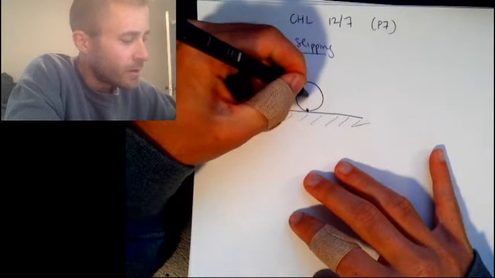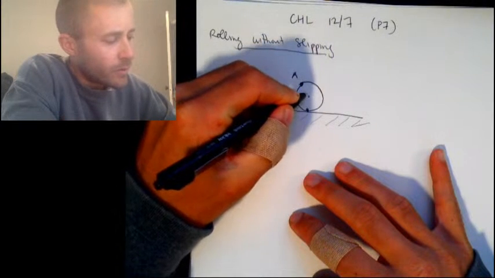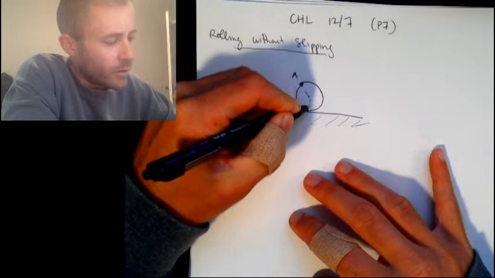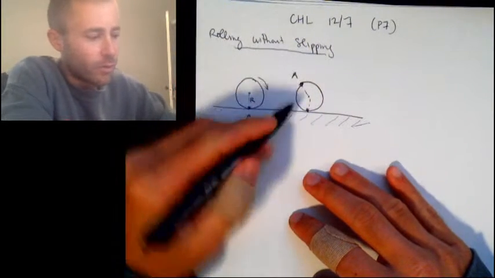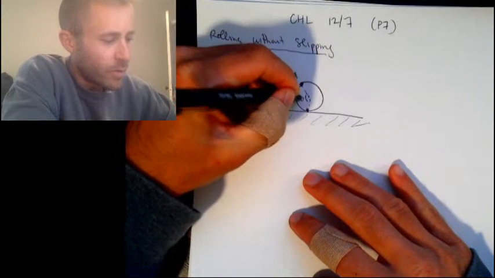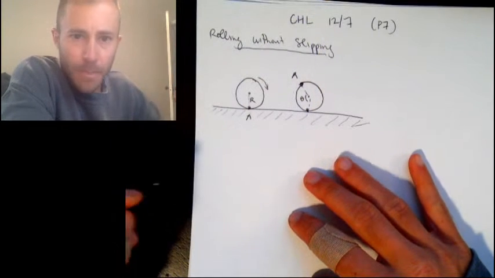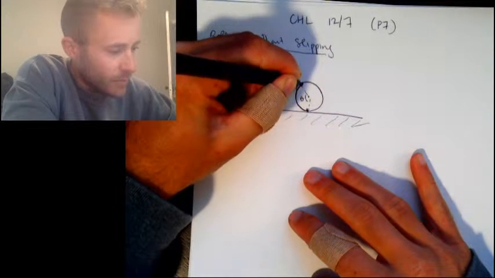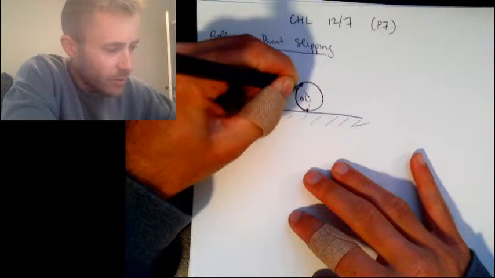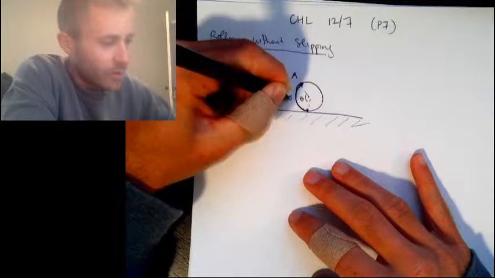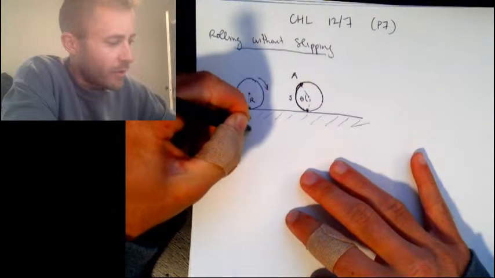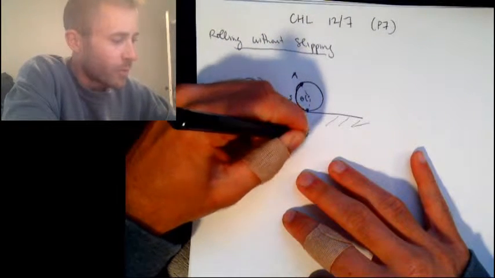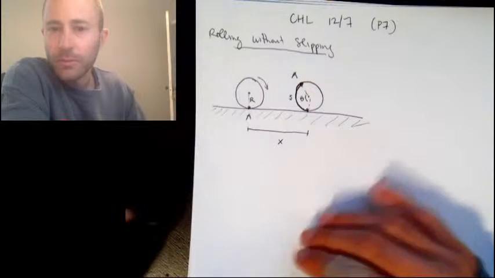The amount that the wheel rotated is called theta. The arc length right here is called S, and the amount that the wheel moved forward we're going to call x.